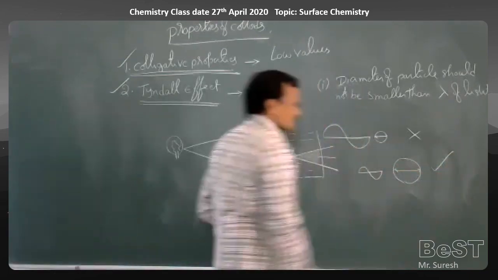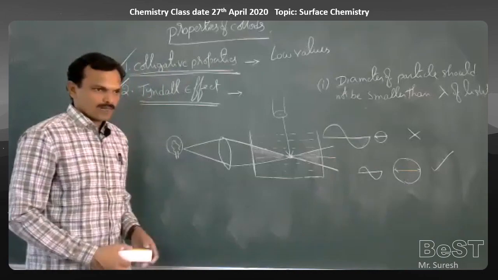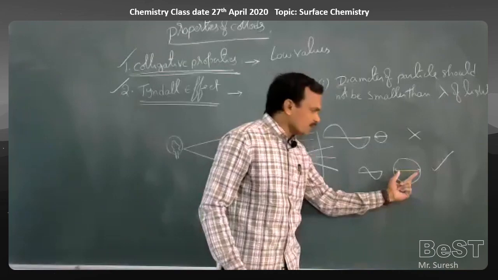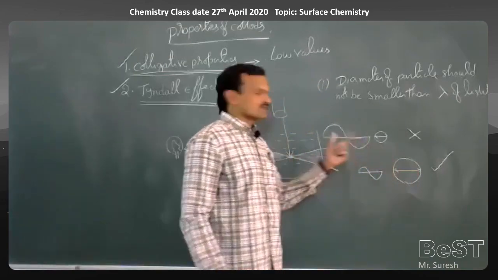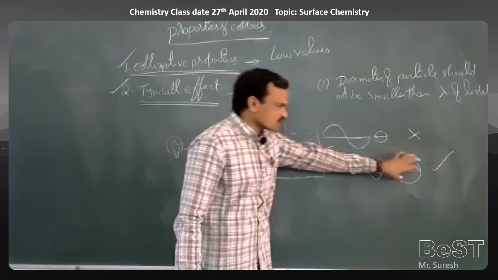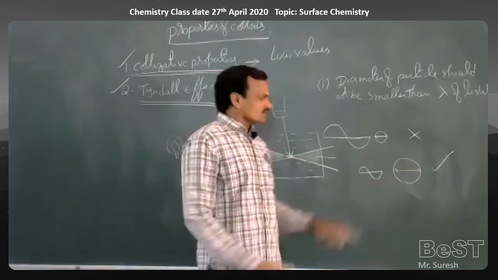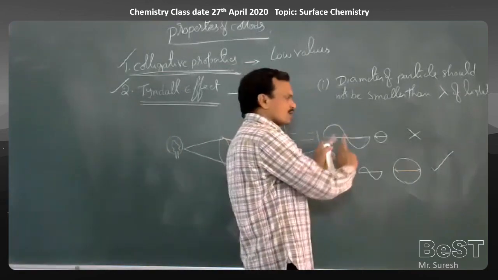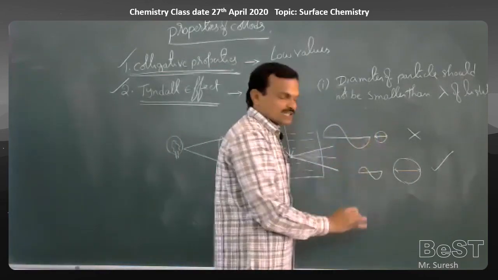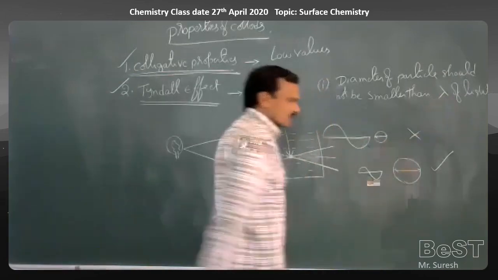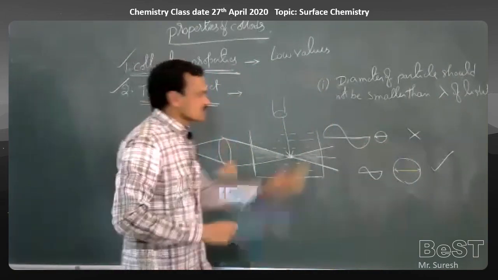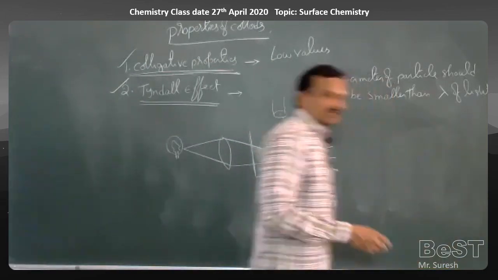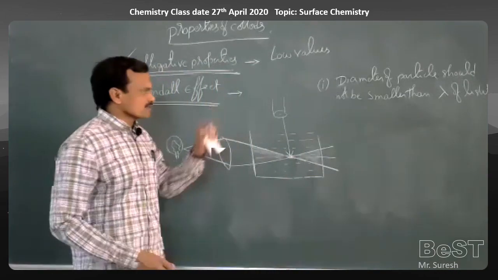Now in this case we can observe the Tyndall effect. So the first condition required is that the diameter of the particle should not be smaller than the wavelength of the light. The particle size should be more than the wavelength of the light; only then does the light get scattered. Otherwise, if the wavelength is more than the diameter, no scattering takes place and the light will pass away without any scattering. This is the first condition.